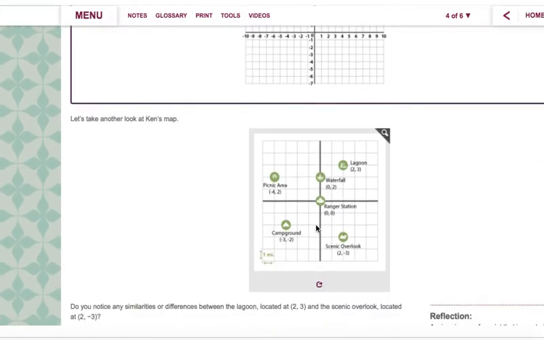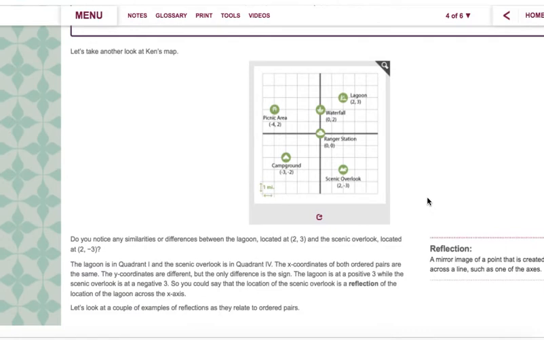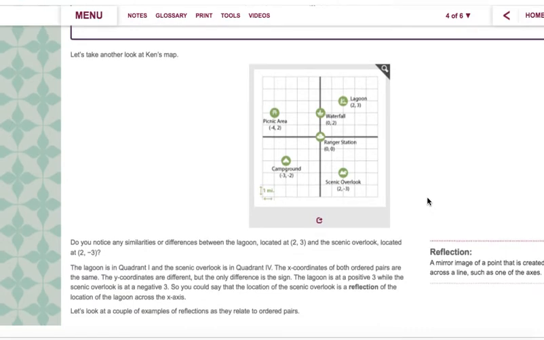Let's take another look at Ken's map. So here we go again. Do you notice any similarities or differences between the lagoon, located at the ordered pair 2, 3, and the scenic overlook, located at the ordered pair 2, negative 3? The lagoon is in Quadrant 1, and the scenic overlook is in Quadrant 4.